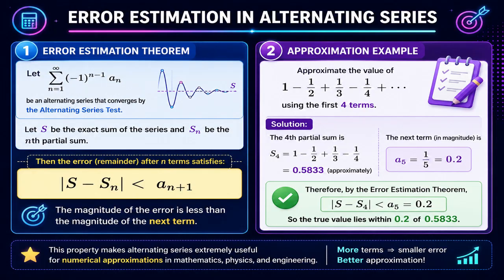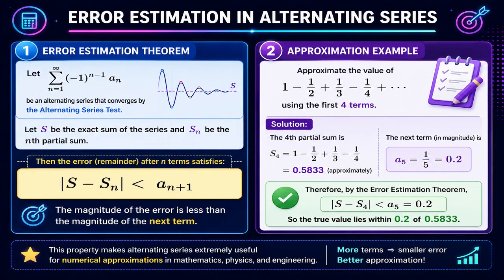The error estimation theorem states that if an alternating series converges by the alternating series test and we decide to approximate its exact sum S by stopping after n terms, the absolute value of our remainder or error is strictly less than the magnitude of the very next term, a sub n plus 1. The error is bounded by the first neglected term.